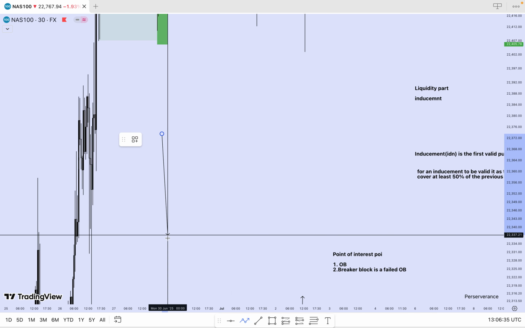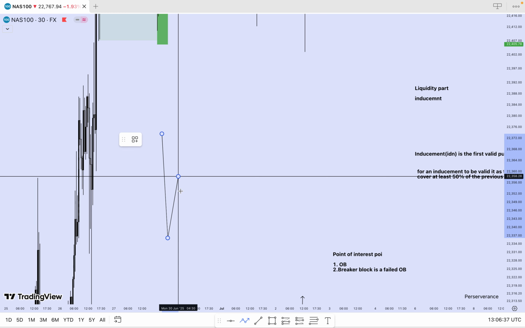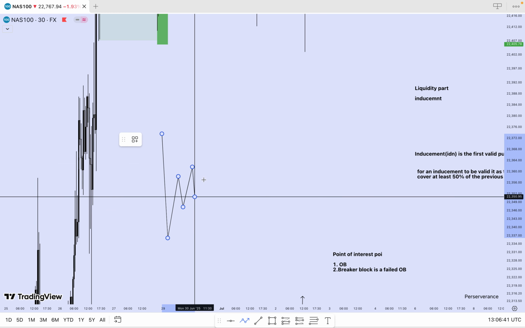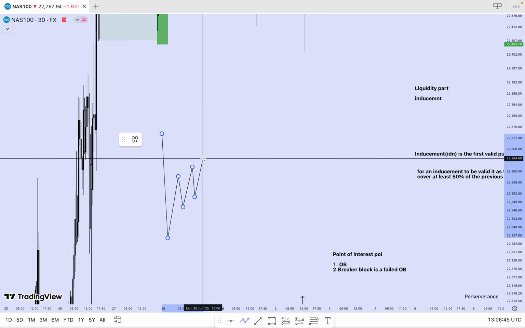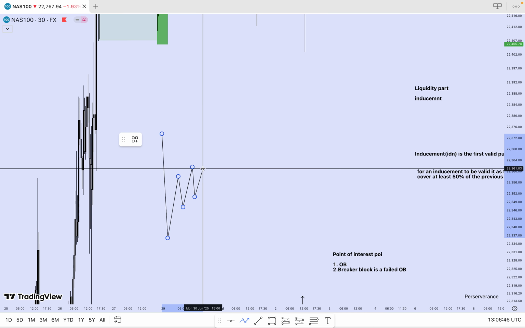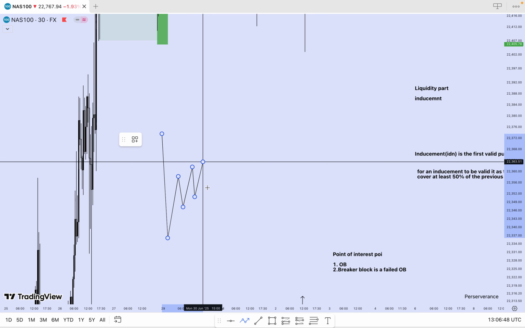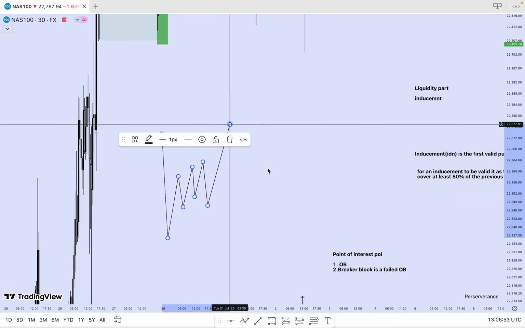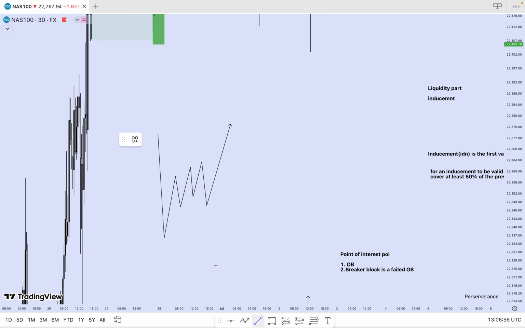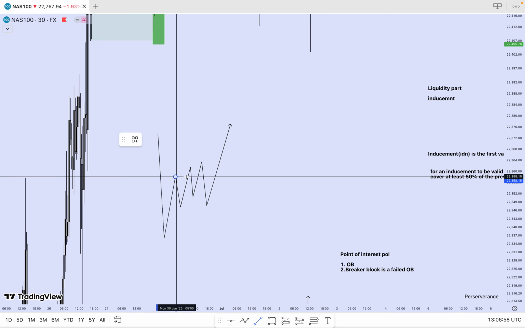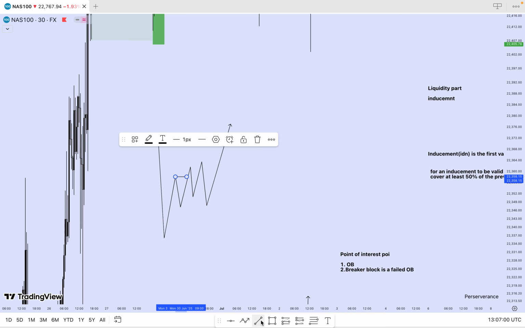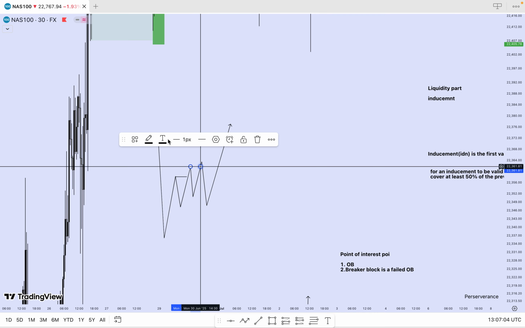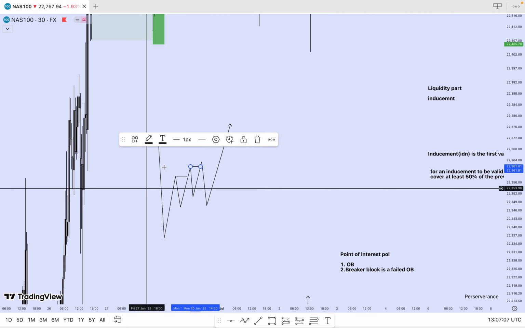Let's say you have this high, price creates higher highs and higher lows, higher highs, you have your inducement, market structure shift, market tapped into your order block, and then eventually market took out this high. So you have your market structure shift here. You have your BOS.